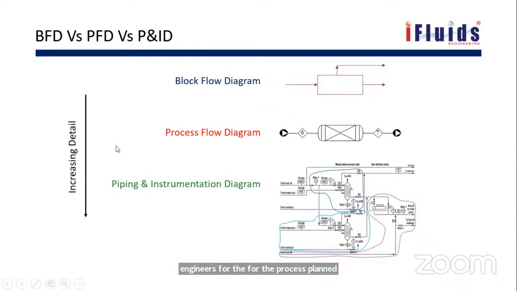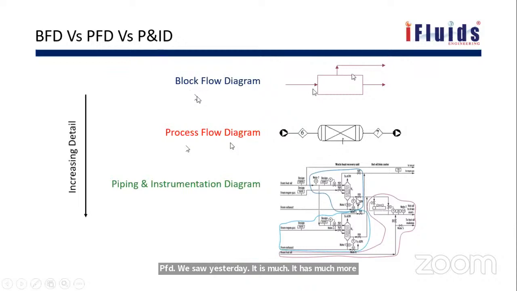So now we have got an overview of the P&ID. Now we'll get into further details. As you see here, this is a block flow diagram. The PFD we saw yesterday has much more details than the block flow diagram.